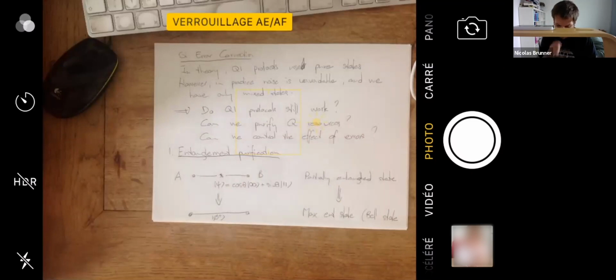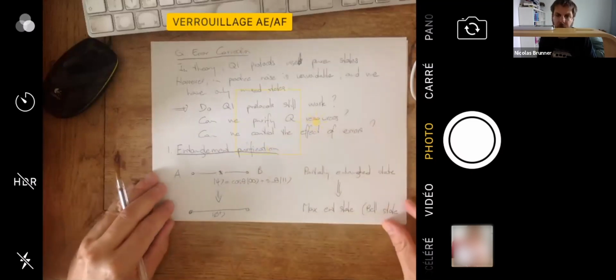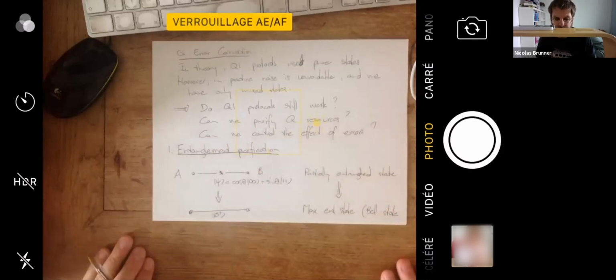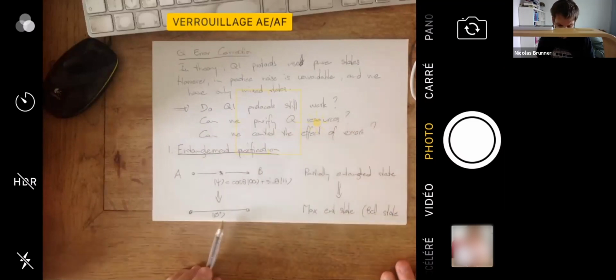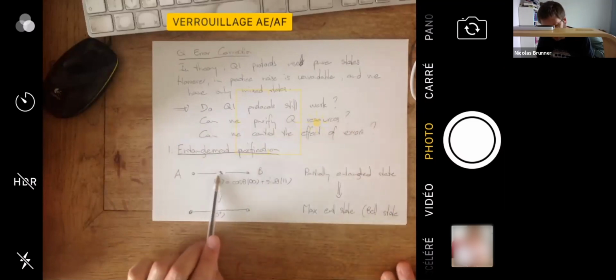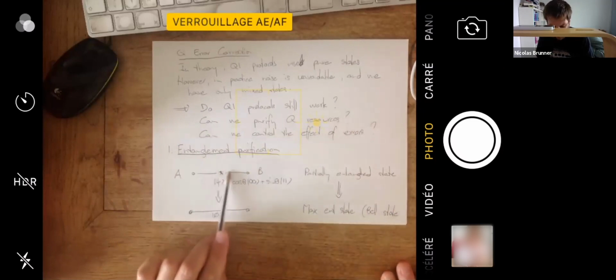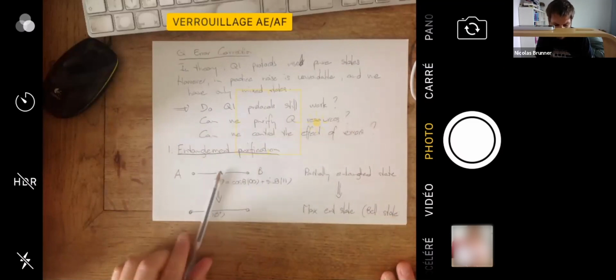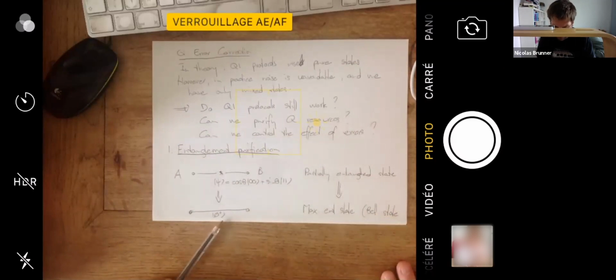Okay, and indeed, teleportation is one example of a task where this would be desirable, but there are many others, right? So again, the point is that in my lab, I only have access to a source that is imperfect. I don't have access to a source that produces perfect Bell states.